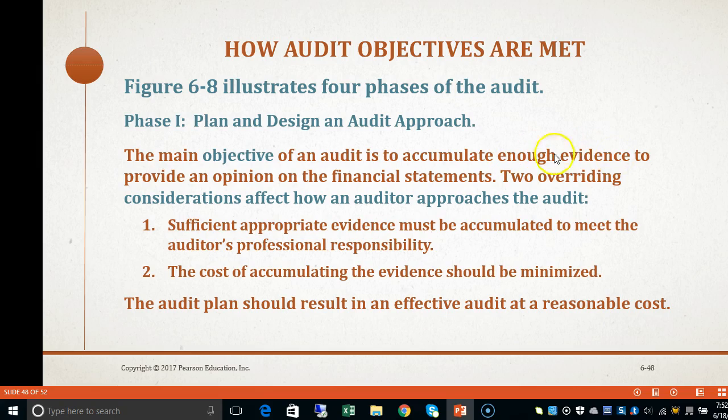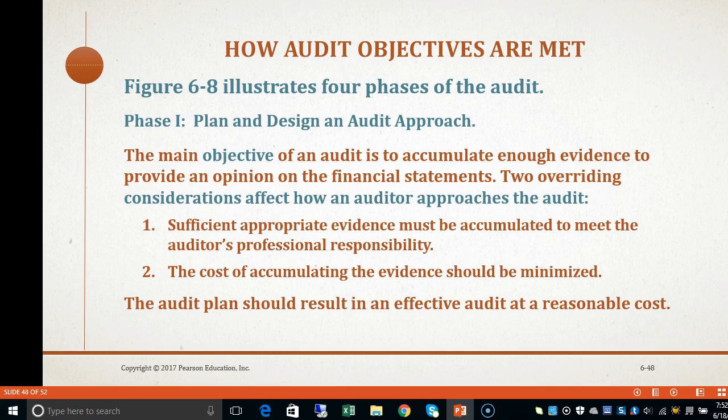In other words, the auditors will put together an audit plan, but that plan will be decided on how certain things go within the audit. There must be sufficient evidence accumulated to meet the auditor's professional responsibility.